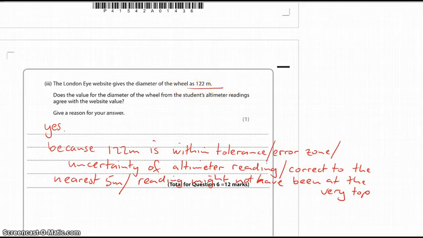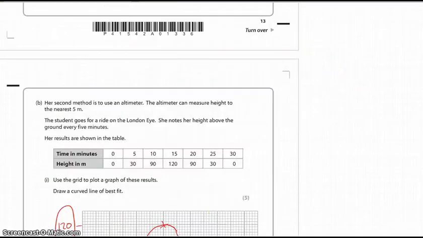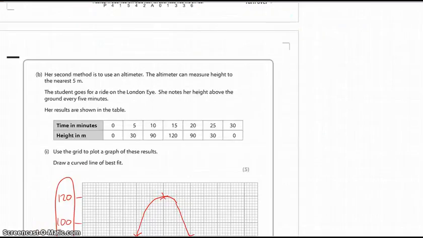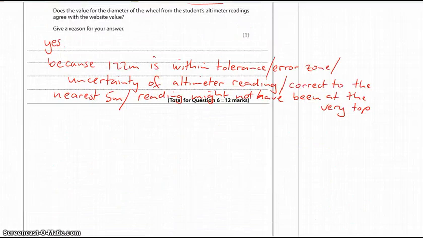It was 122 meters. Yes, because if we look back at the beginning of the question, it says the altimeter can measure height to the nearest 5 meters. That means there's an uncertainty with measuring height, a 5 meter uncertainty.